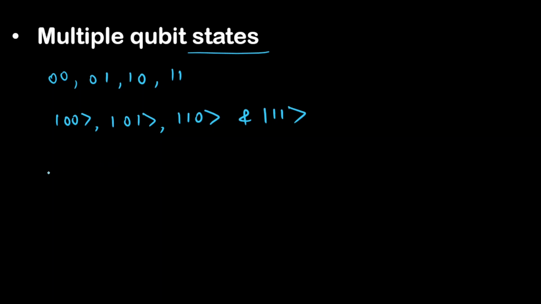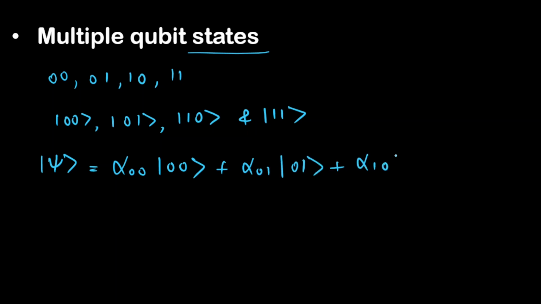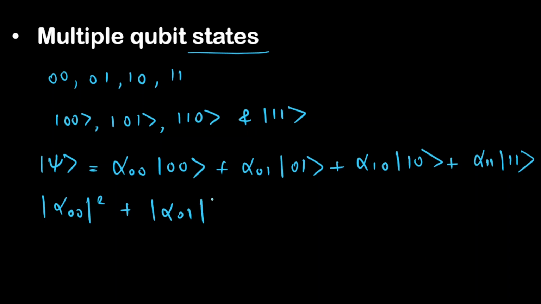A pair of qubits can exist in superposition of these 4 states given by the state vector psi equal to alpha 00 times state 00 plus alpha 01 times state 01 plus alpha 10 times state 10 plus alpha 11 times state 11. And the normalization condition implies that alpha 00 square plus alpha 01 square plus alpha 10 square plus alpha 11 square must be equal to 1.